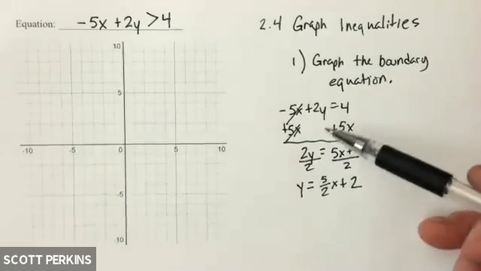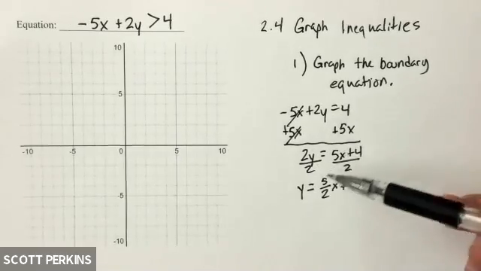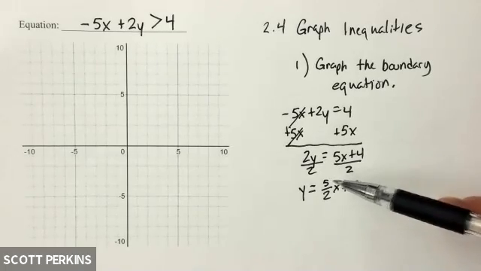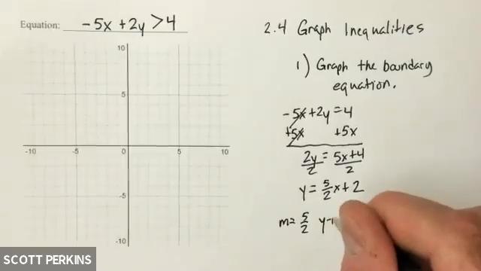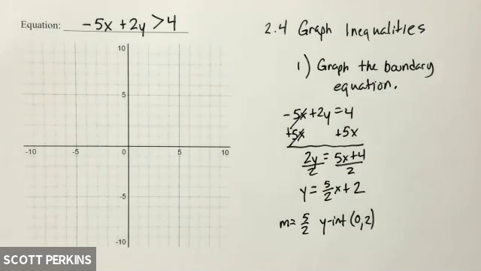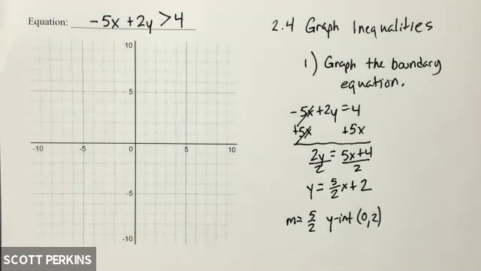What I just did right here, hopefully that looks familiar. If you haven't quite gotten there on the homework and the quizzes yet, that's what we did in class last time. So my slope of this line is 5 over 2. My y-intercept is (0, 2), and I'm ready to graph the boundary. If you're ahead of me and you're plotting the points, don't connect the dots yet.